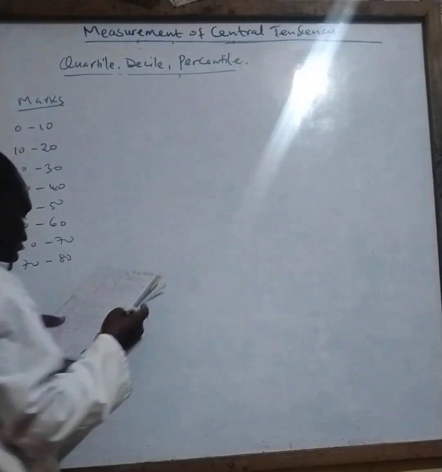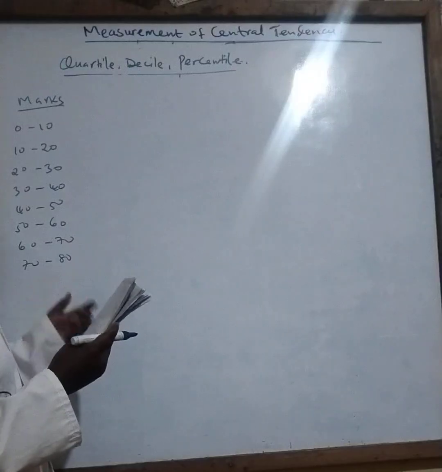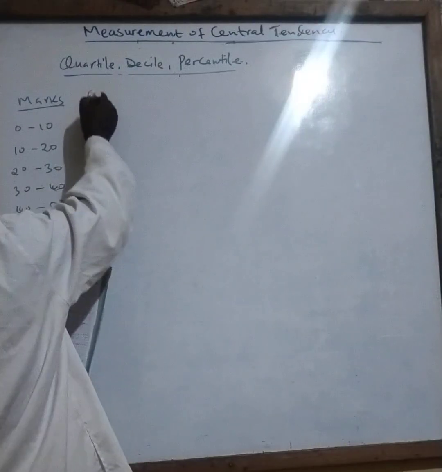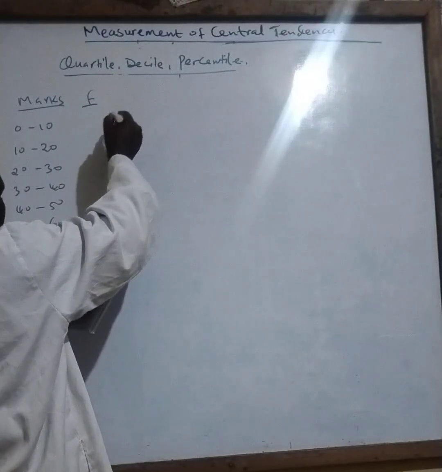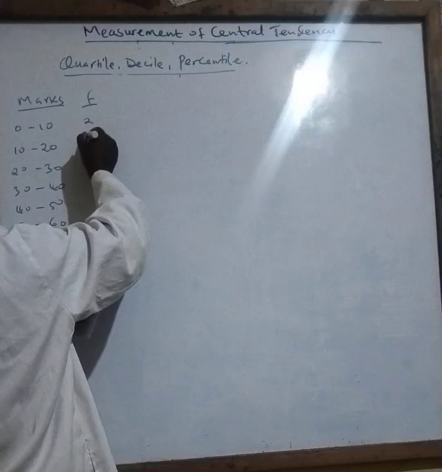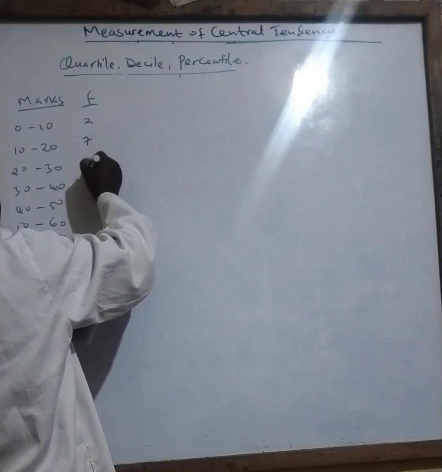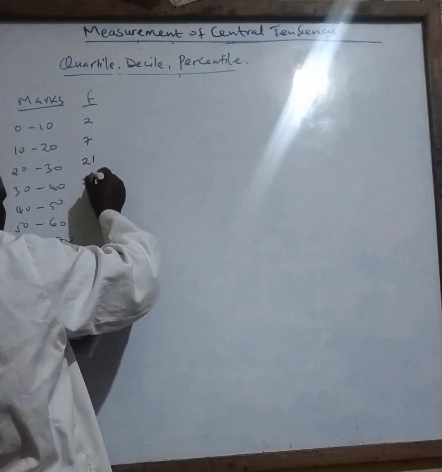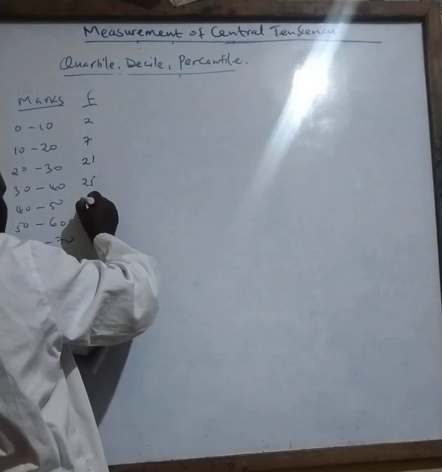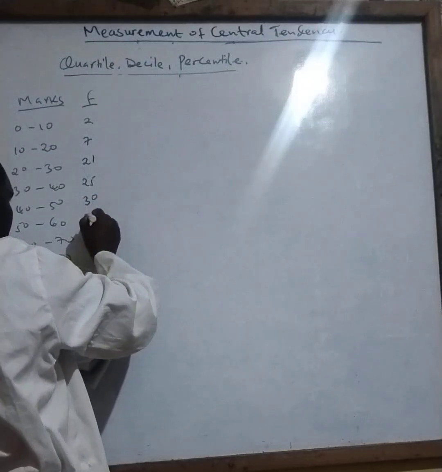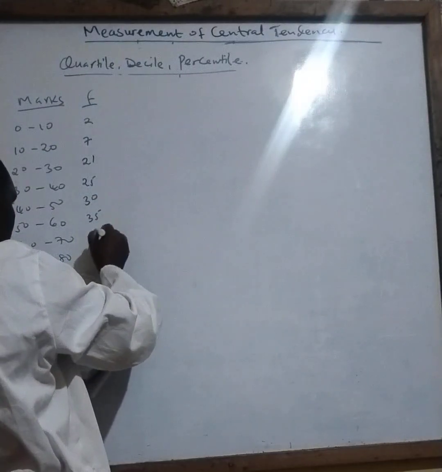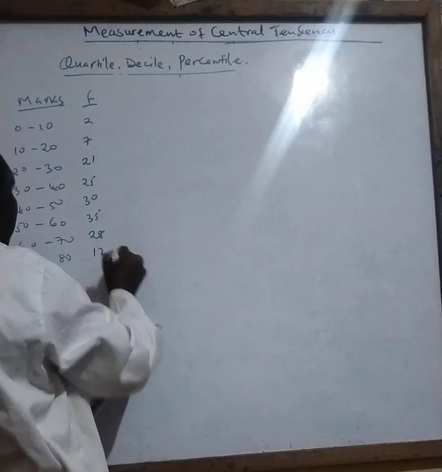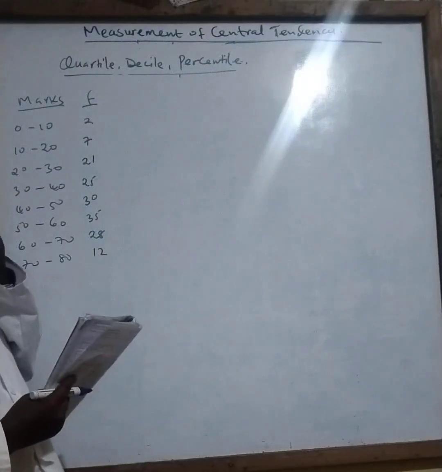Are you seeing that, class? That is the figure we have. Then we have the frequency here. We have been given the frequency as 2, 7, 21, 25, 30, 35, 28, and 12.